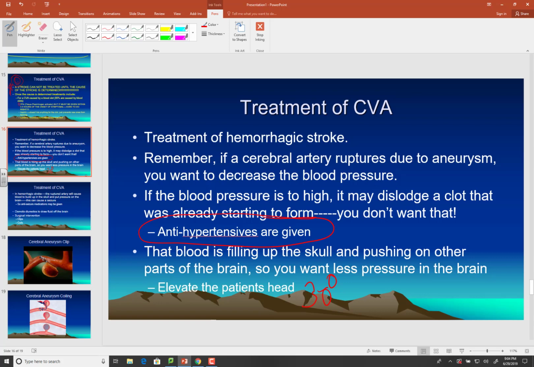Because that's really, in many respects, that buildup of blood inside the skull, because the skull's fixed, that can, even if the bleed is somewhere else, cause the brainstem to not work very well. And anytime you put pressure on the brain, one of the signs of increased intracranial pressure is that they'll begin to seize.